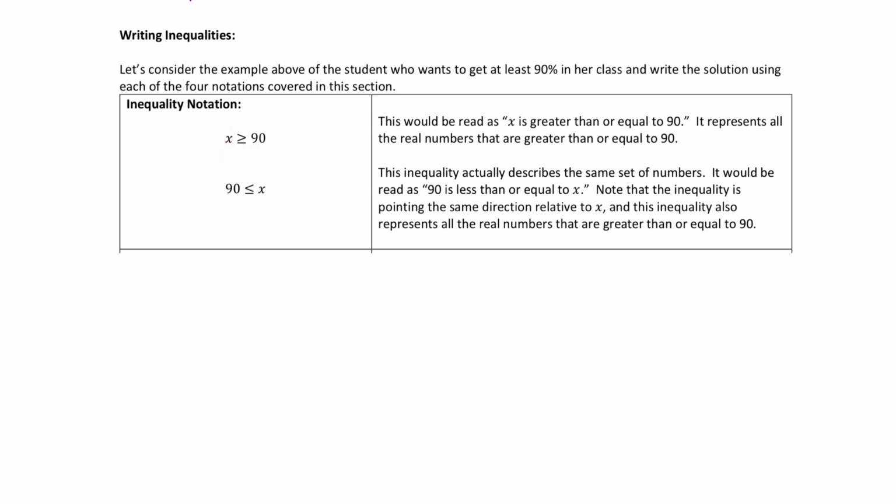So if I reverse the sides, notice I reverse the symbol to compensate. Large side is opening towards the X. Large side is still opening towards the X. It's pointing basically at the 90. Okay? This is like on an equation.